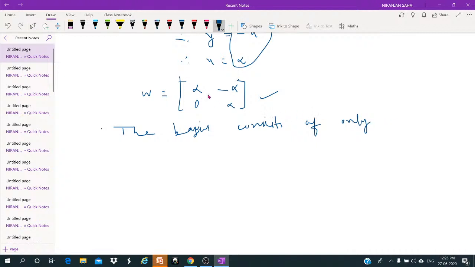You can take any value of alpha not equal to 0, and we can generate a basis consisting of only one element.